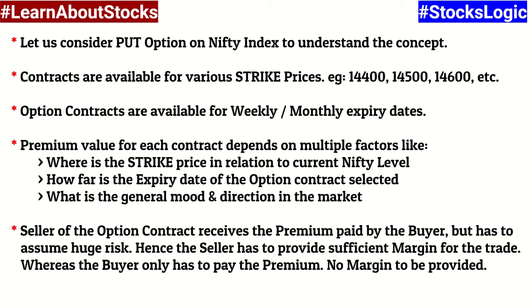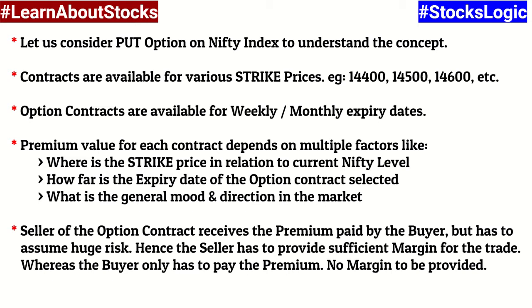Now, in case of the seller of the option, I would like to tell you that since the seller of the option contract receives the premium and he assumes the entire risk of that unforeseen event, he has to provide a sufficient margin to the stock exchanges during the trade.